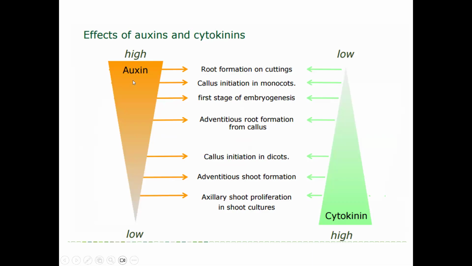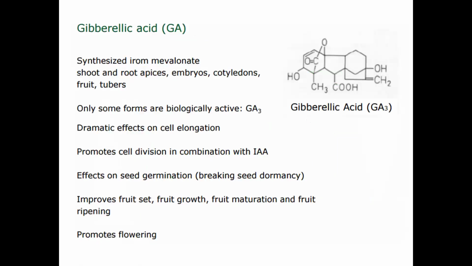If auxin is decreasing and cytokinin is increasing, then the ratio determines what will be developed, discussed here. For example, high auxin gives root formation on the cuttings, with low cytokinin. But if there is a balance, callus initiation occurs in dicot plants. Between these two, you have to have the appropriate ratio.